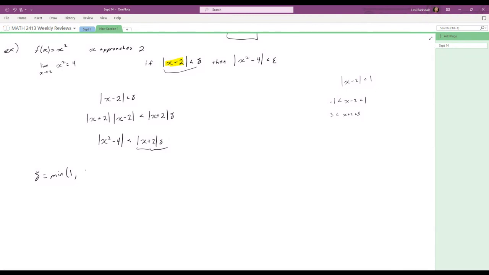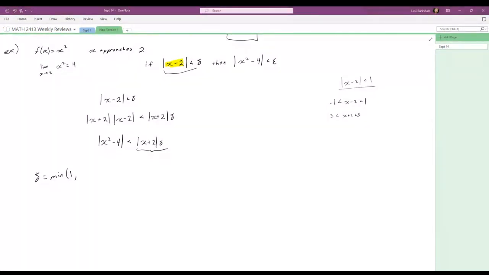I want to only focus on when x minus 2 is smaller than delta. So that automatically tells me that because delta is at most 1, because I'm picking the minimum of 1 and something else, x minus 2 has to be smaller than 1. Does this kind of make sense?